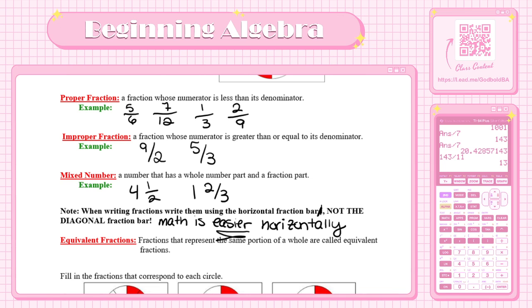It's not going to cause any problems if you write 4.5, and in fact 4.5 is a little easier to see when it's written with the diagonal. But it's just going to be easier if you write them with the horizontal bar, because when you start doing more complicated math with them, it'll be good to be in that habit.